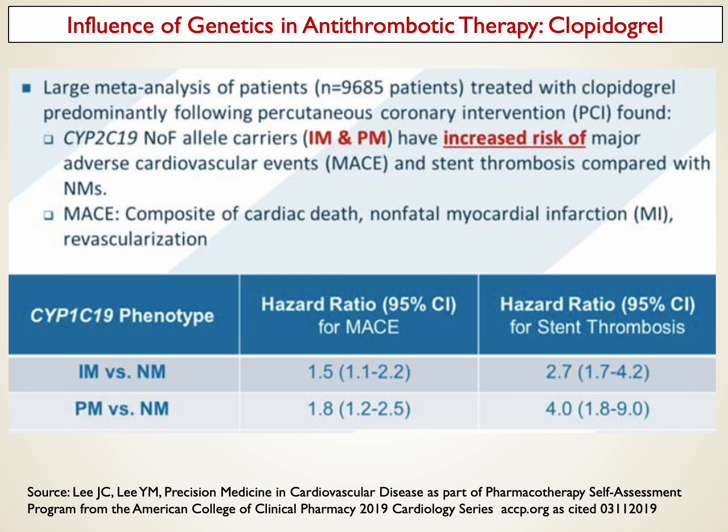And folks who are poor metabolizers compared to normal metabolizers have a considerably higher risk for major adverse coronary events. So that becomes a concern for patients who've had a stent, and the risk for a stent thrombosis in those patients is even higher.